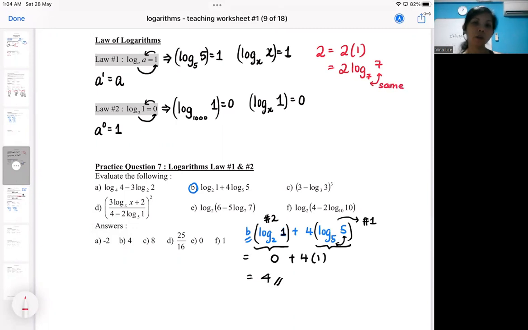So we can change a number to make it into a log if I make use of rule number 1. We won't get to use that so soon yet, but just take note that we can do it the other way around.